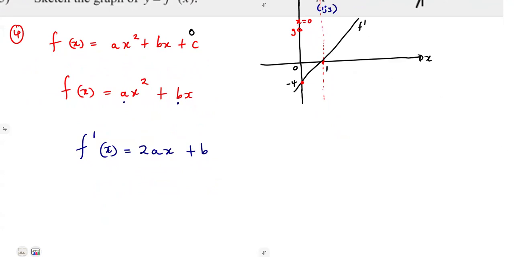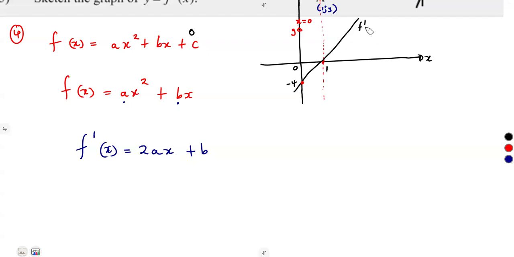Number one, to find the values from the first derivative that we are given here, there are some things that we know automatically from our graph.